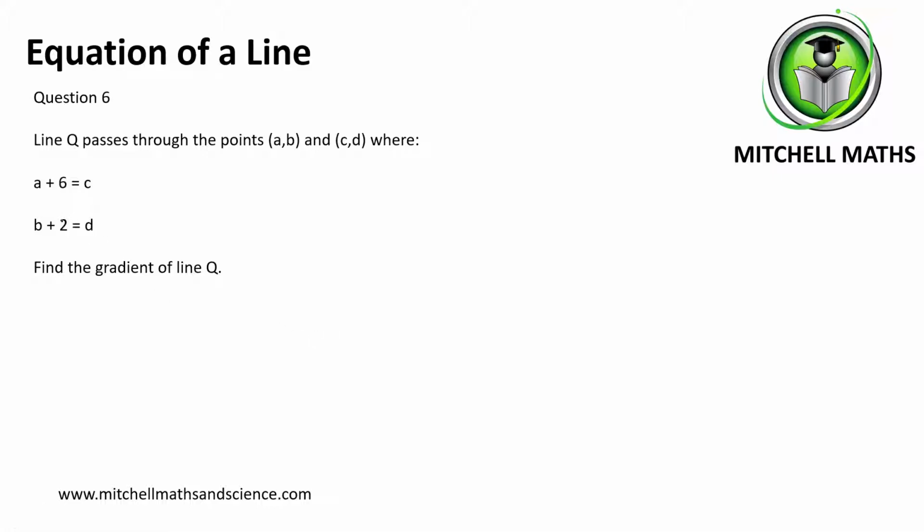I'm not going to use these numbers yet. I'm just going to have, so gradient is where it's changing y, so we'll do this equation take away this equation. Remember, it doesn't really matter which way around you do this. We've got d take away b.